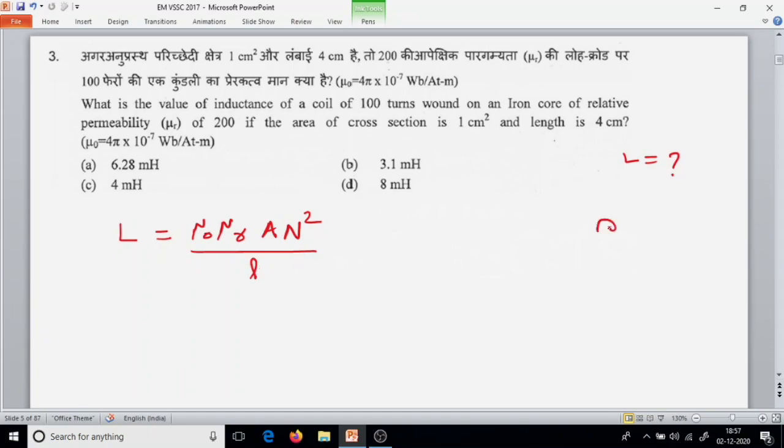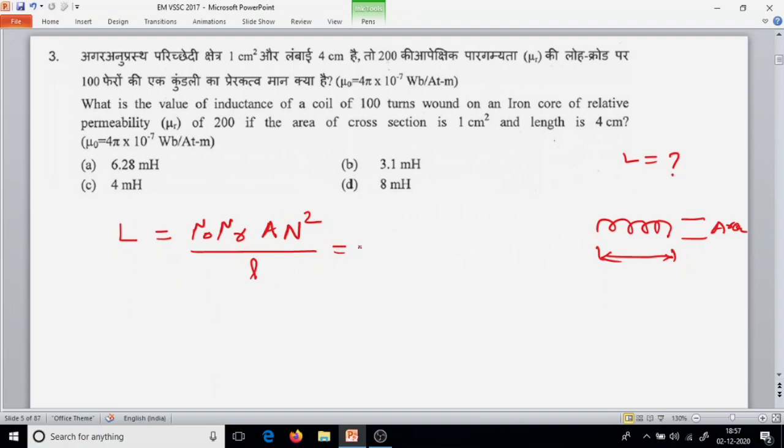That means if you have an inductor like this, we have to find the area, then length. We should know length and area to use this equation. Now in the question he has given, what is mu naught?